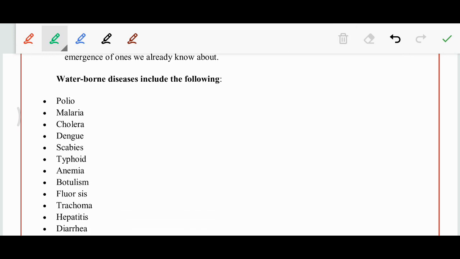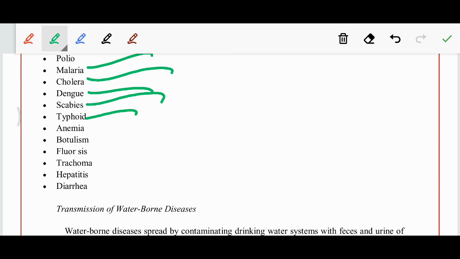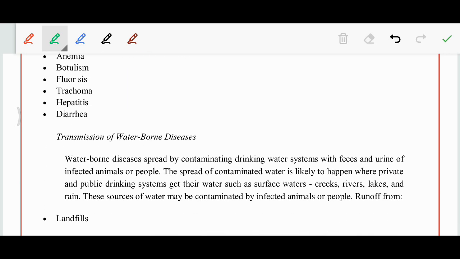Waterborne diseases include the following. These are a few waterborne diseases. Remember, from an exam point of view, that is polio, malaria, cholera, dengue, scabies, typhoid, anemia, etc. Transmission of waterborne diseases spreads by contaminating the drinking water system, right?